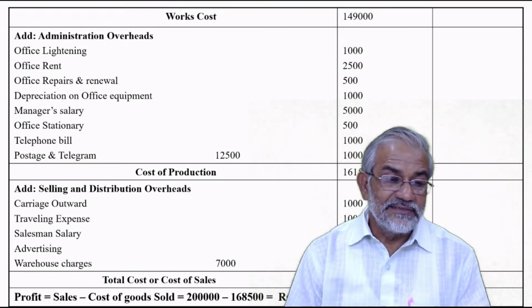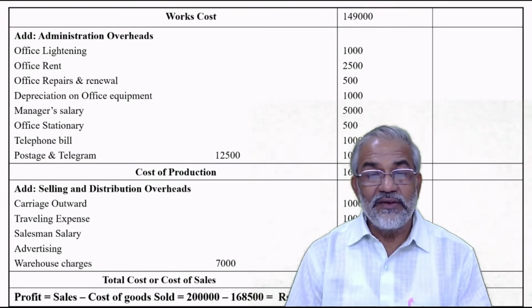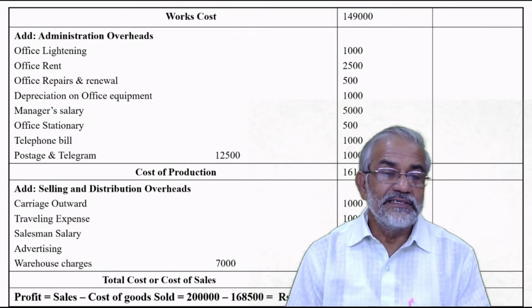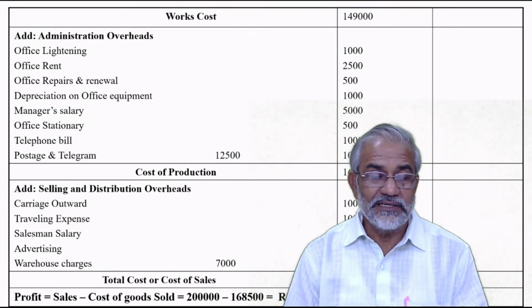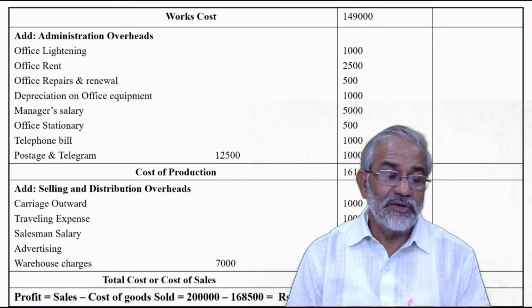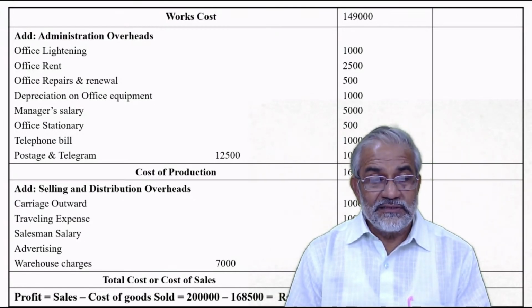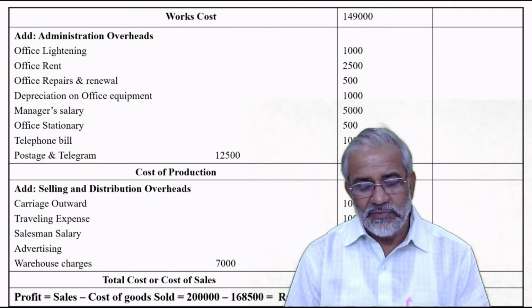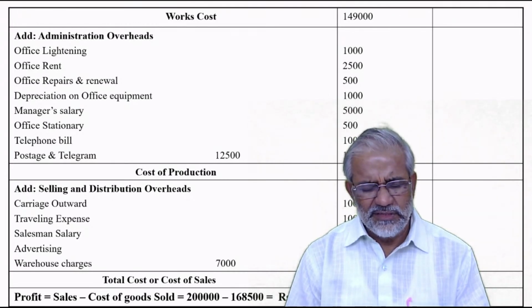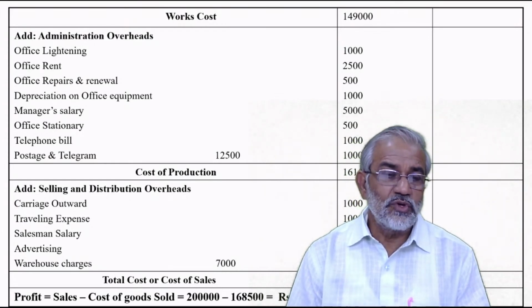Then advertising, warehouse charges, where the goods are being stored after they are manufactured and before they are distributed or sold out to the customers. That is called warehouse charges. If there is any insurance of the warehouse, that will also form part of the selling and distribution overhead.